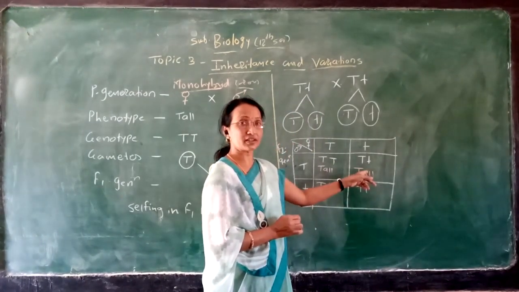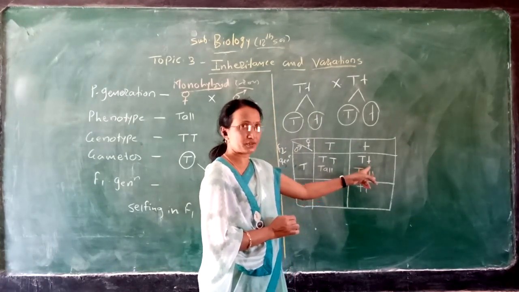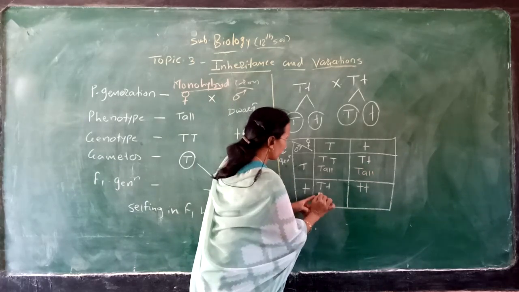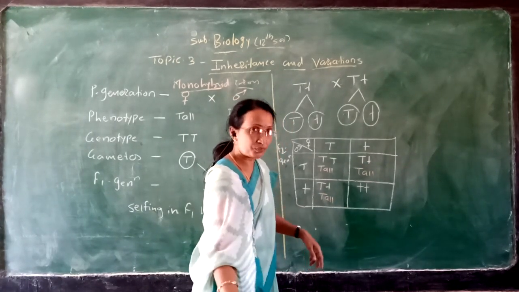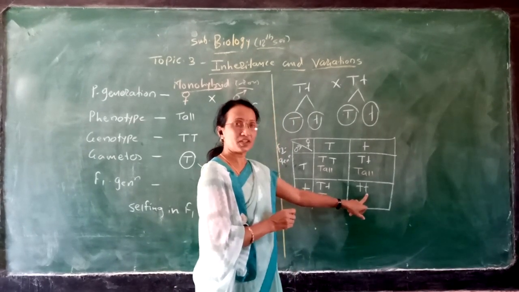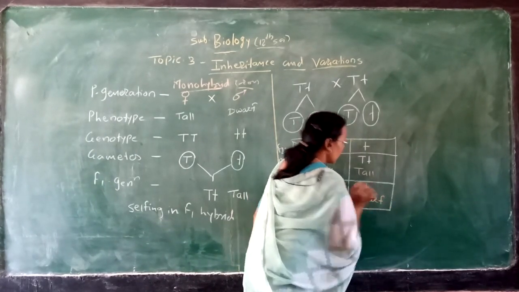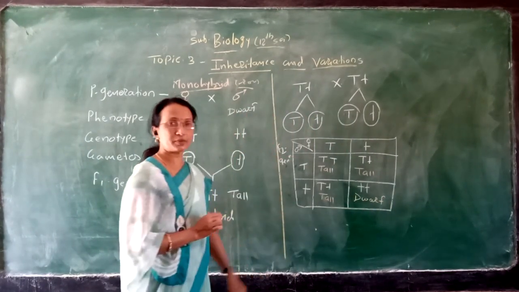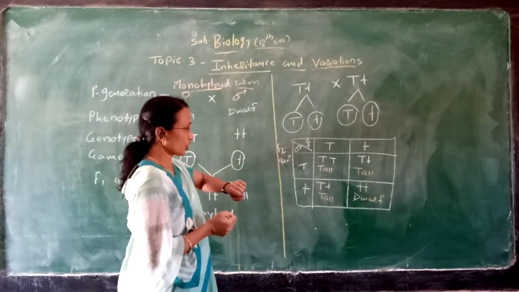What is heterozygous? These two genes are different and so heterozygous. Then the third offspring is also tall but heterozygous tall, and the fourth offspring in which small t is present is a dwarf offspring. Dwarf offspring formation takes place in F2 generation. This one is F2 generation.